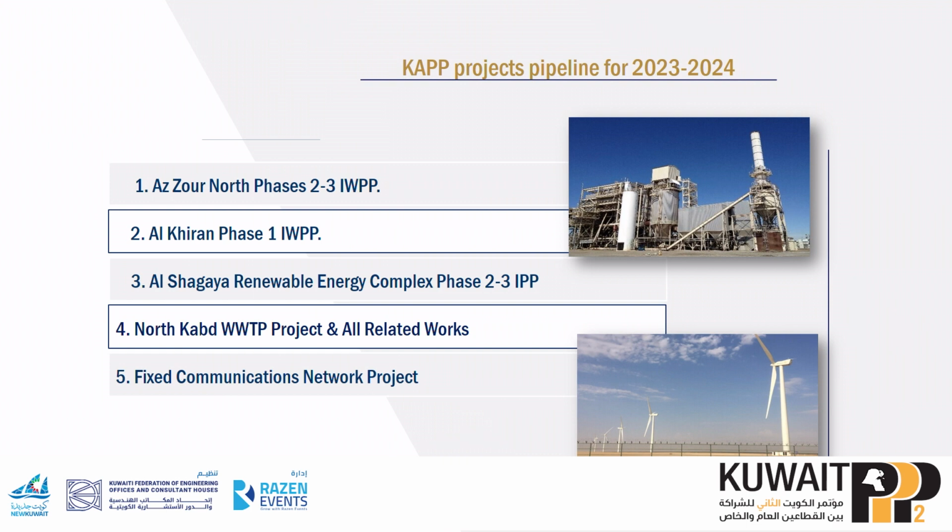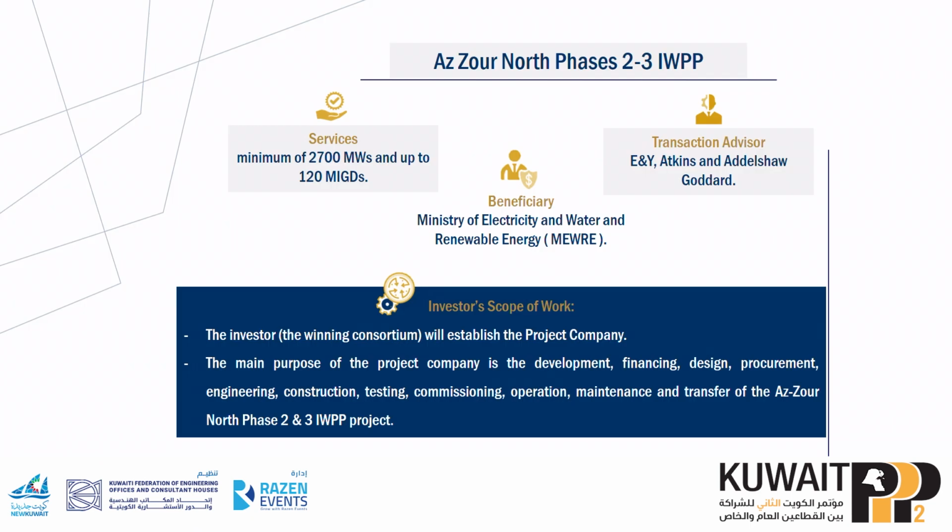For our pipeline, we currently have five main projects. First, we have Az-Zour North Phase 2 and 3, Al Khairan Phase 1, Ashigaya Renewable Energy Complex Phase 2 and 3, the North Chebd Wastewater Treatment Plant project, and the fixed communication network project. First, Az-Zour North Phase 2 and 3 has a minimum of 2,700 megawatts and up to 120 million gallons per day.